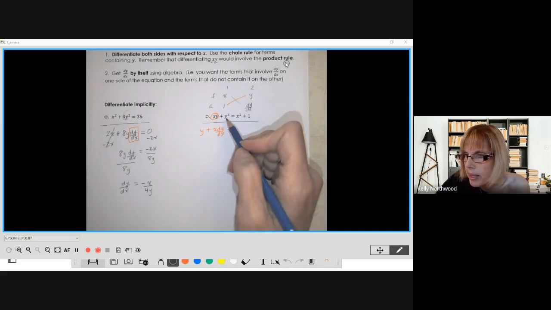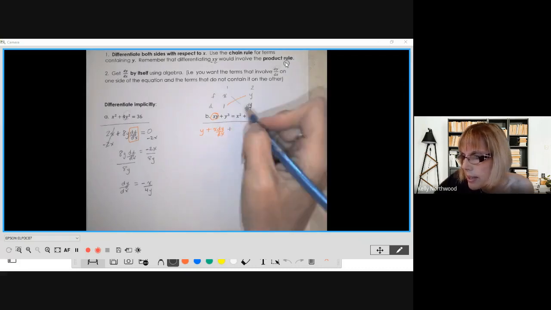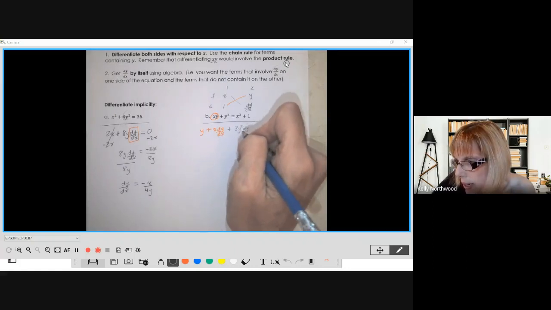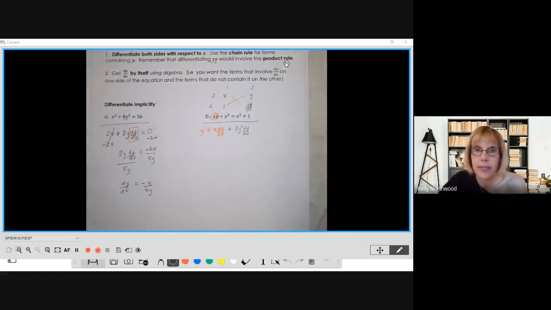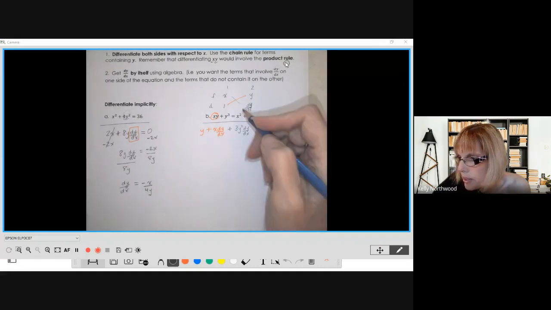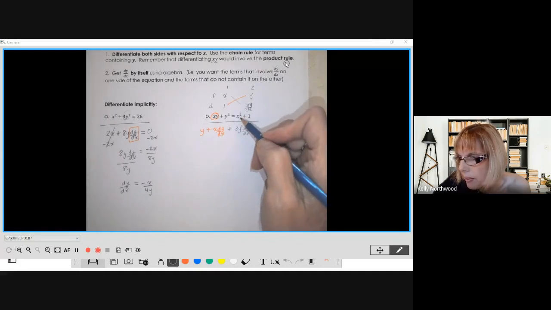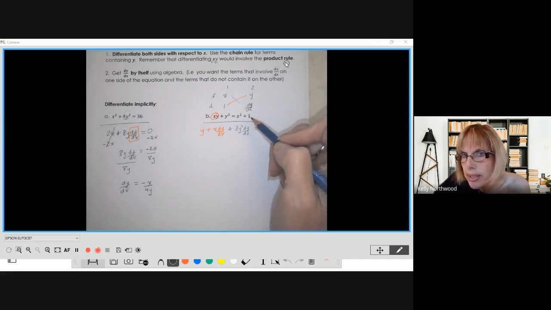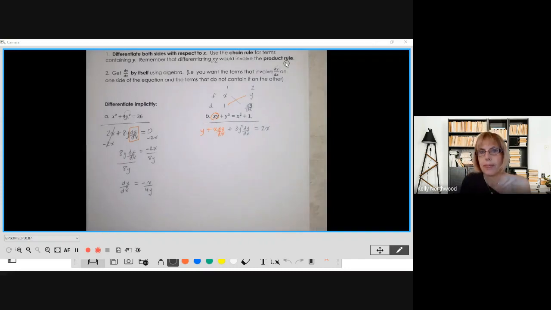The derivative of y cubed is going to be 3y squared times dy by dx, because it involves y, equals the derivative of x squared with respect to x is 2x. The derivative of 1, which is a constant with respect to x, is 0.